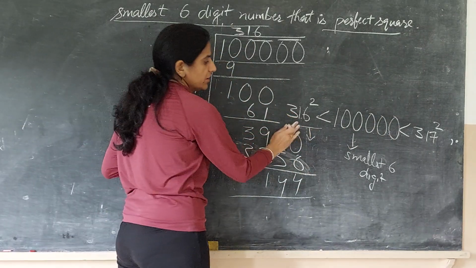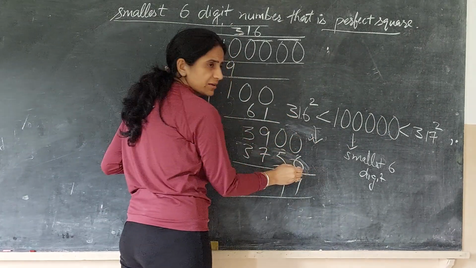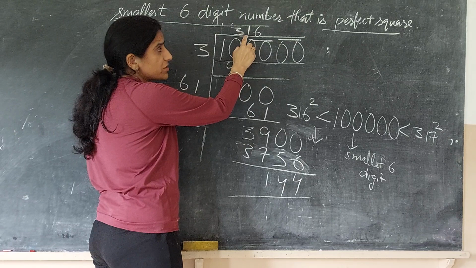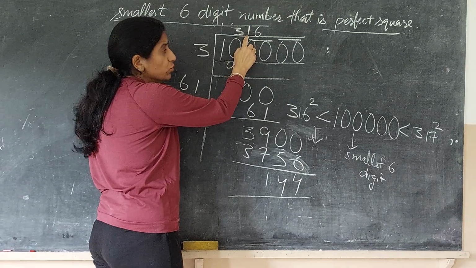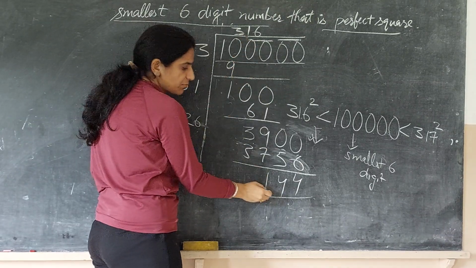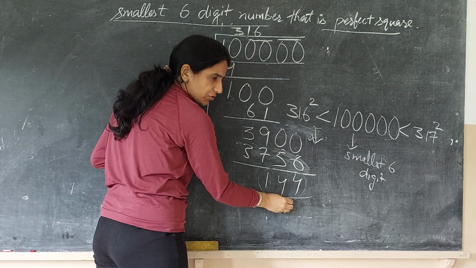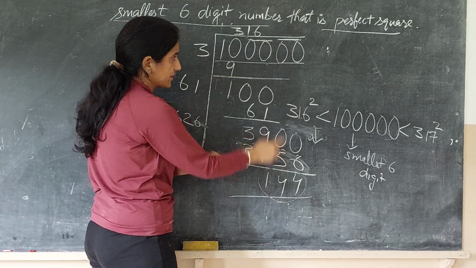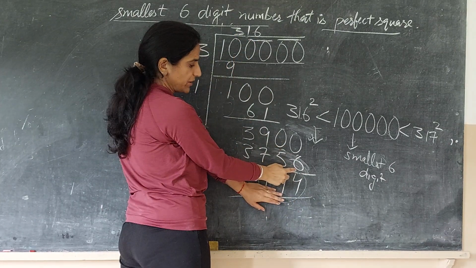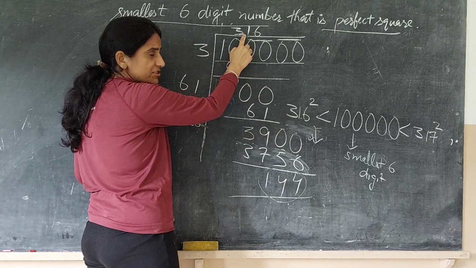Do you know which number this is, whose root is 316? If this number did not have 144, we did not divide this yet, 316 is still this point. So whose root is 316?